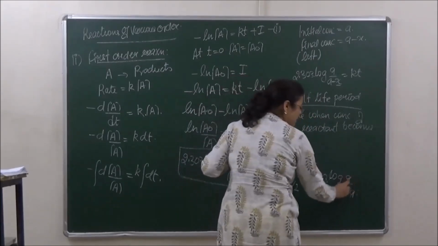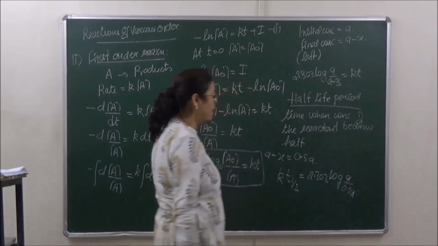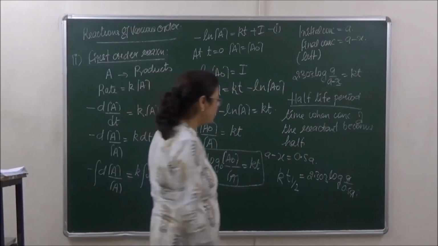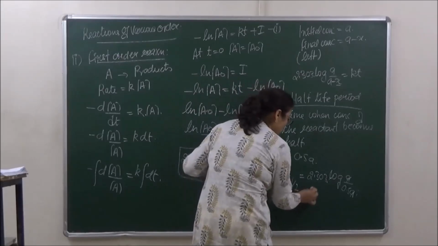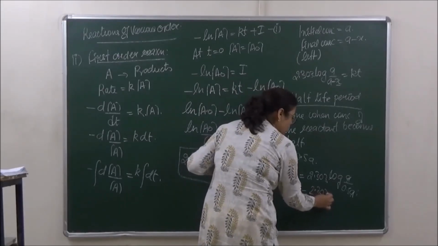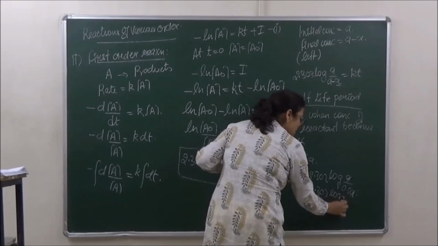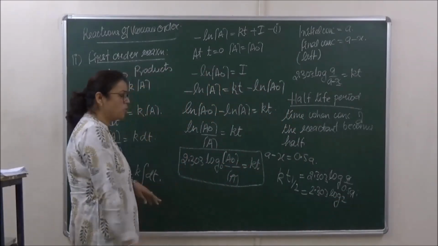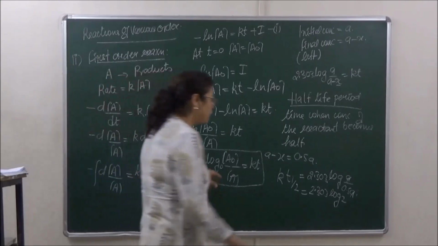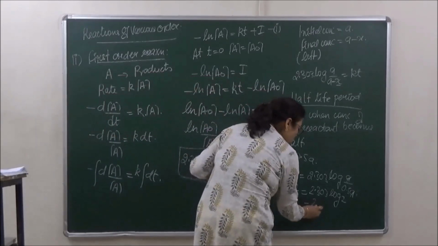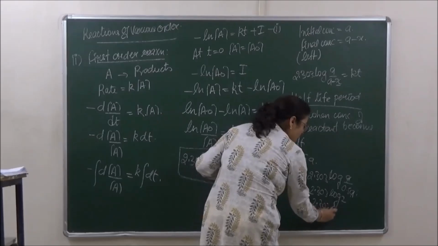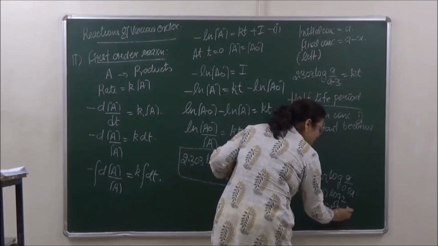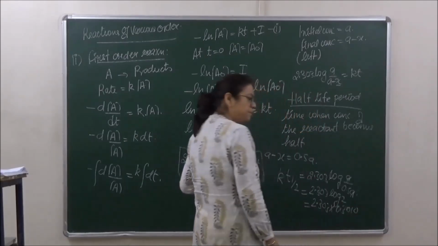So A और A cancel हो गया, 1 upon 0.5 is equal to 2, ठीक है. So this will become equal to 2.303 log of 2. The value of log of 2 is 0.3010. Therefore, this becomes 2.303 into 0.3010. ठीक है.